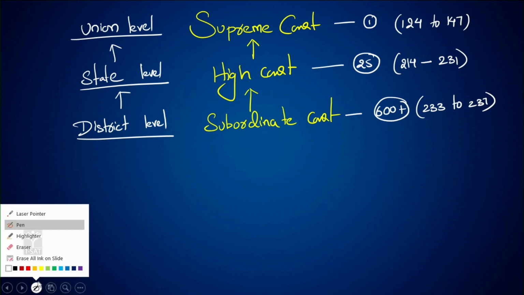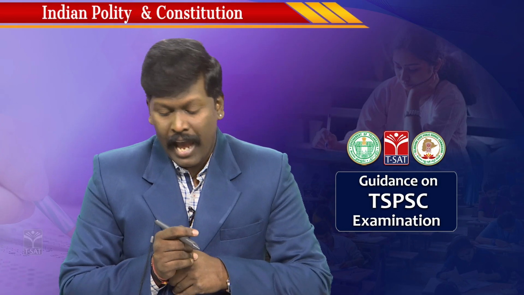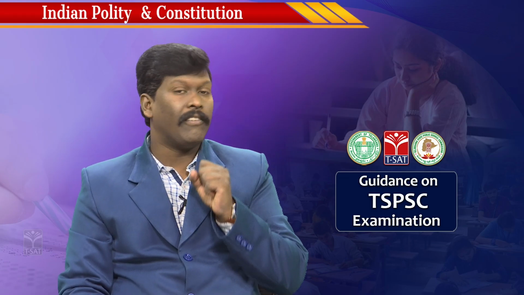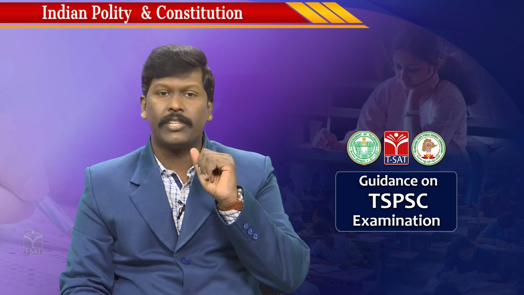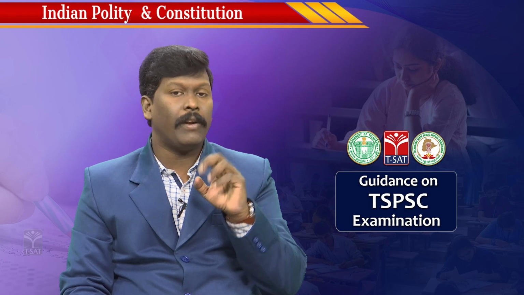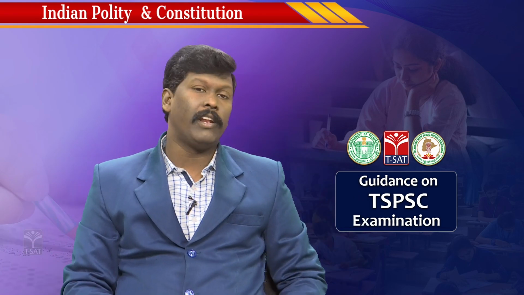The subordinate courts can be classified into different types again, and the state government along with the high court of each state will decide the subordinate court hierarchy, considering criteria of population and other geographical aspects.